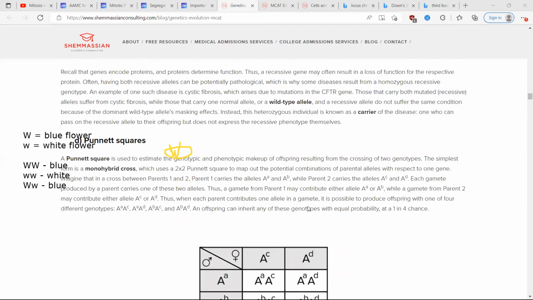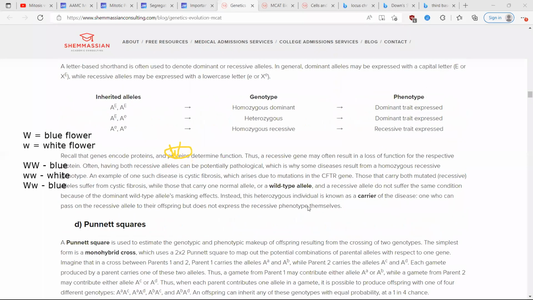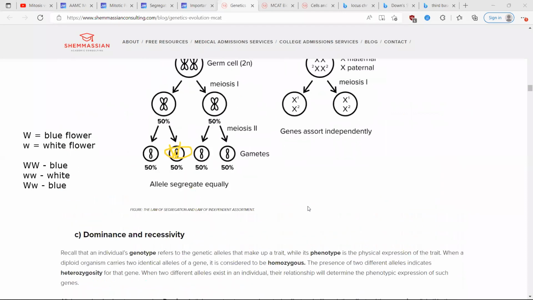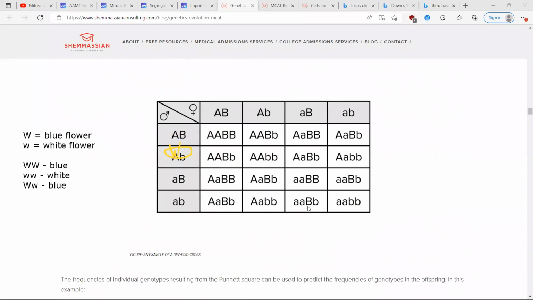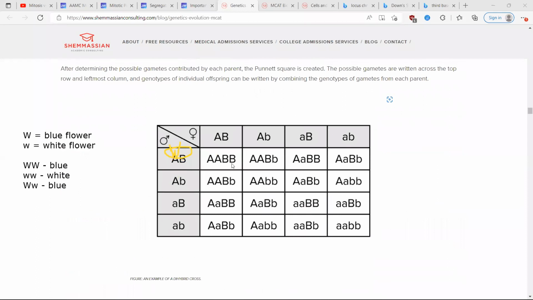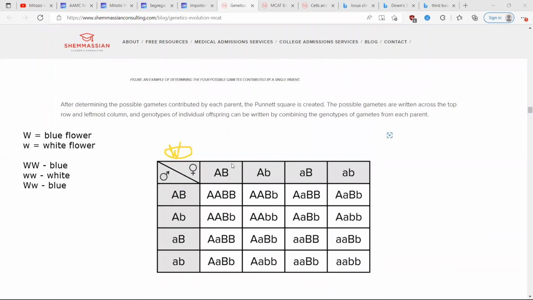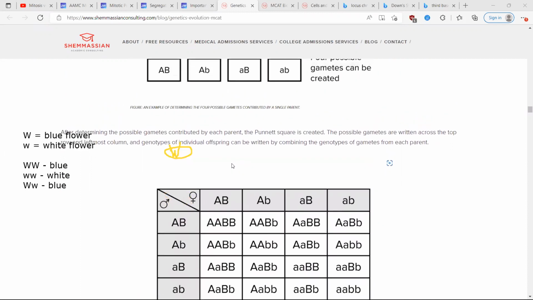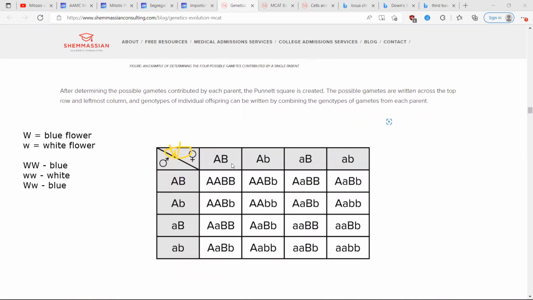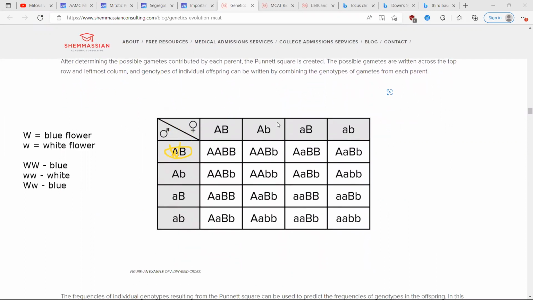Now, one thing I wanted to show you guys is this, a dihybrid cross, where you have to account for two traits across both parents, right? And you can see what will happen. You can get a lot of different options here.